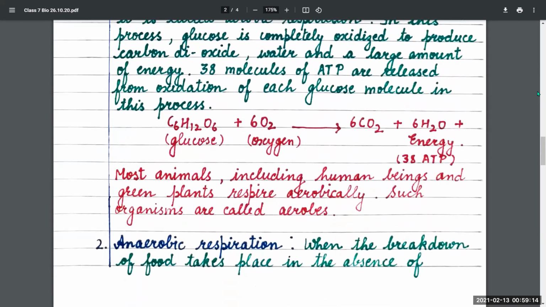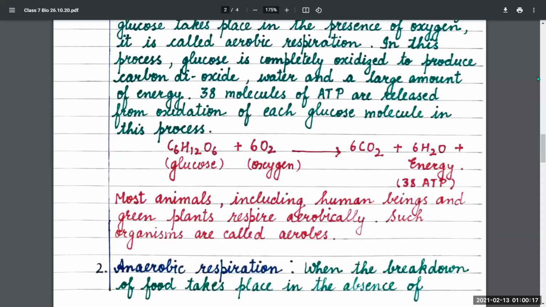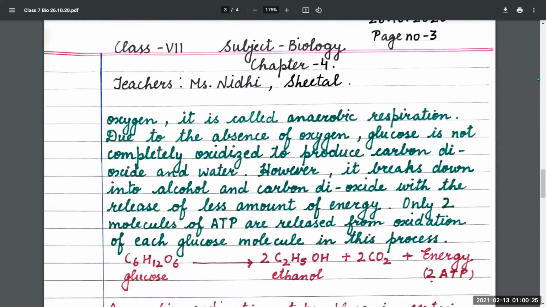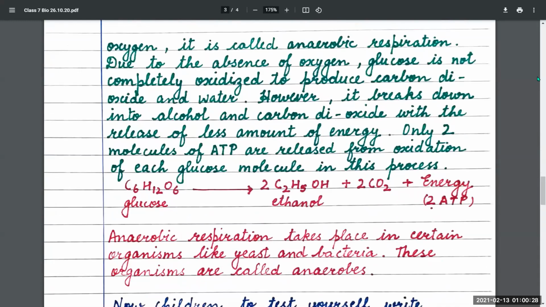Now, the next type of respiration is anaerobic respiration. When the breakdown of food takes place in the absence of oxygen, it is called anaerobic respiration.